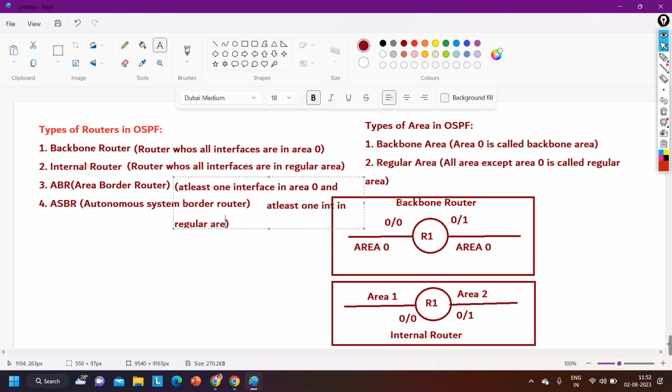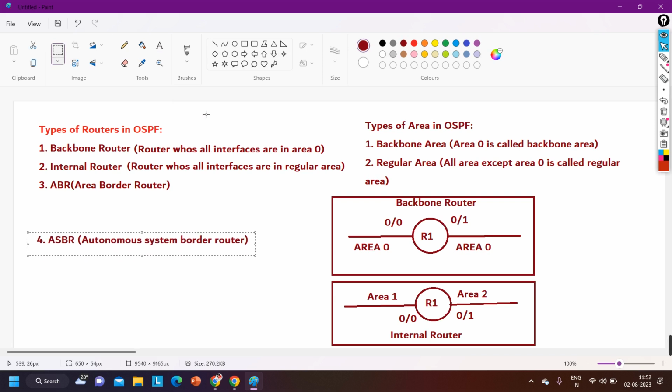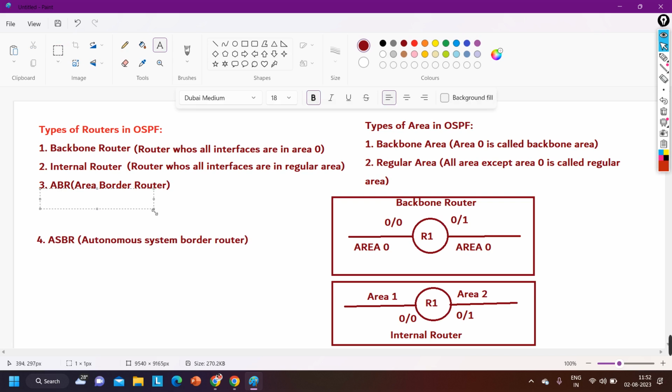Getting my point? What I am saying, router whose at least one interface belongs to area 0 and at least one interface belongs to any regular area, that type of router is known as ABR router.